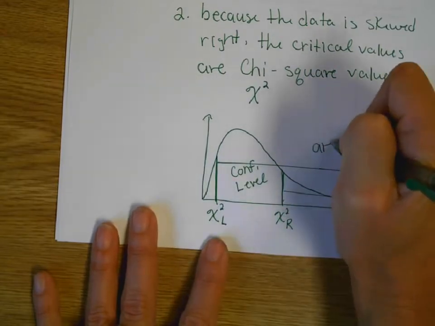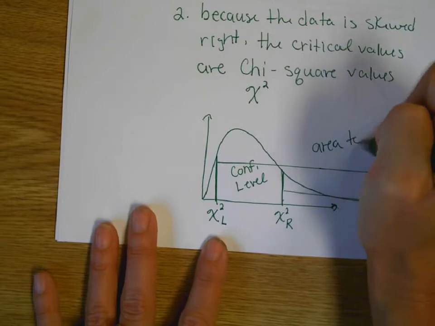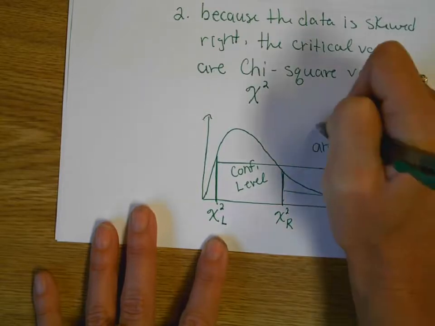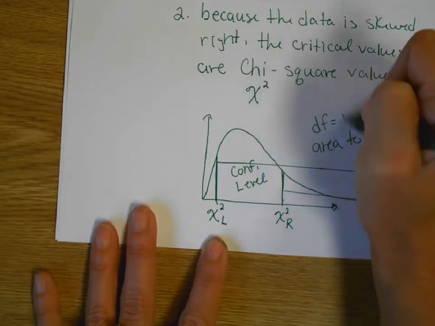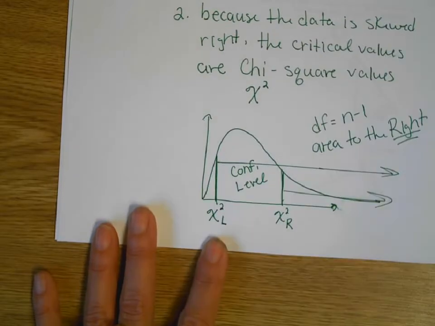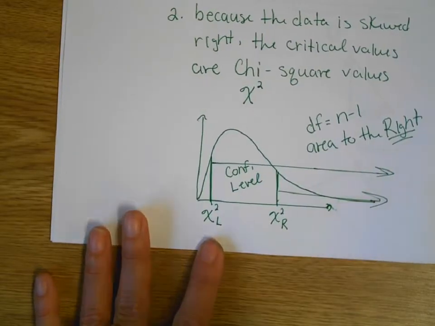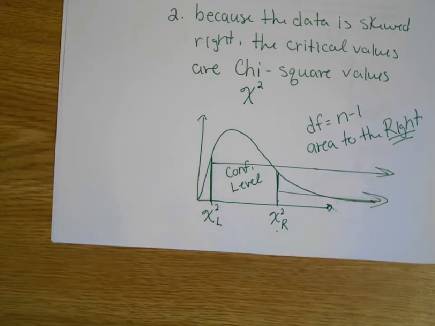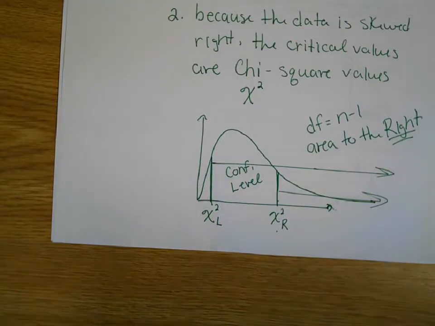So area to the right and DF, degrees of freedom equals sample size minus 1. Those are the two things you need to know to find your critical chi-square values. So let's practice reading the table before we do our three-step process.